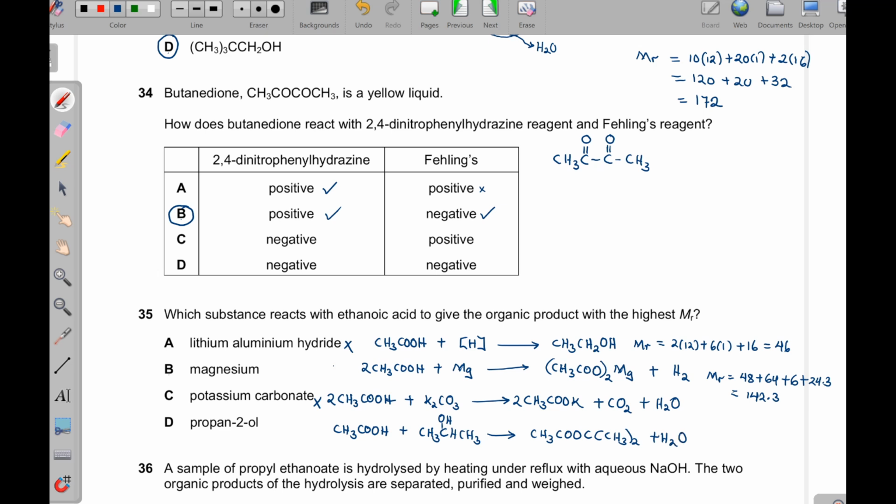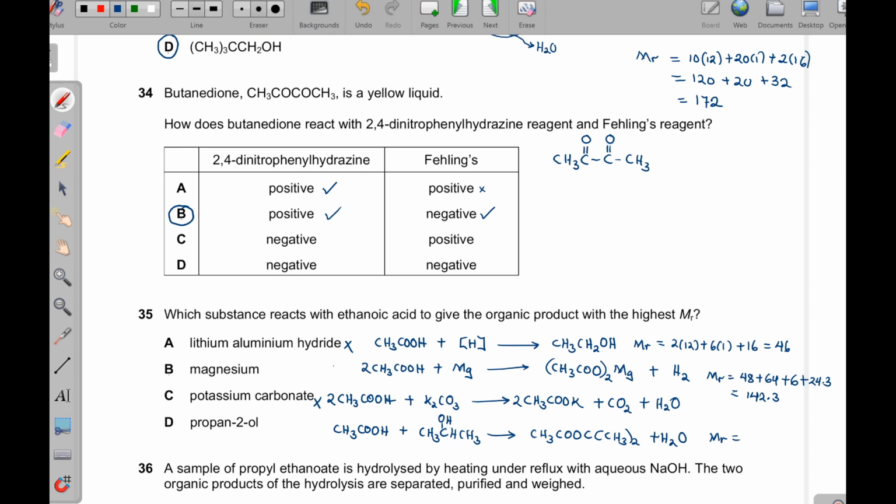Now let's find the Mr, because here this one loses the OH, and then the alcohol loses the what? The hydrogen. That is how the water gets off. Then we are going to have the Mr here.